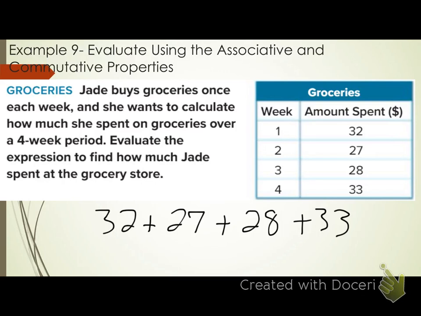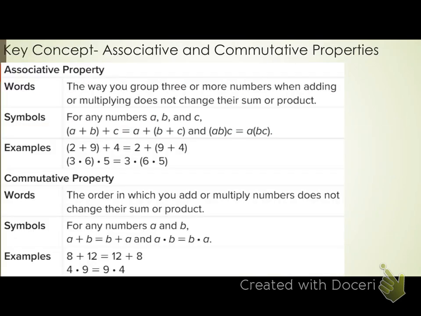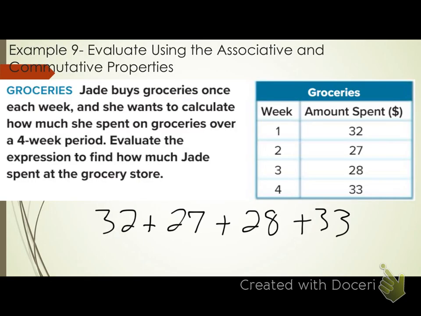Here, we're actually going to use our associative and our commutative properties. Commutative tells me once again it does not matter the order in which I add or multiply numbers. Does anyone see 2 numbers that would be easier to add together than any other 2?